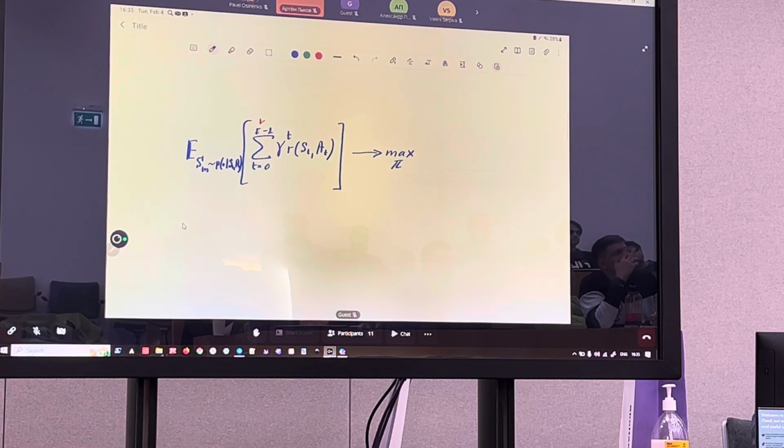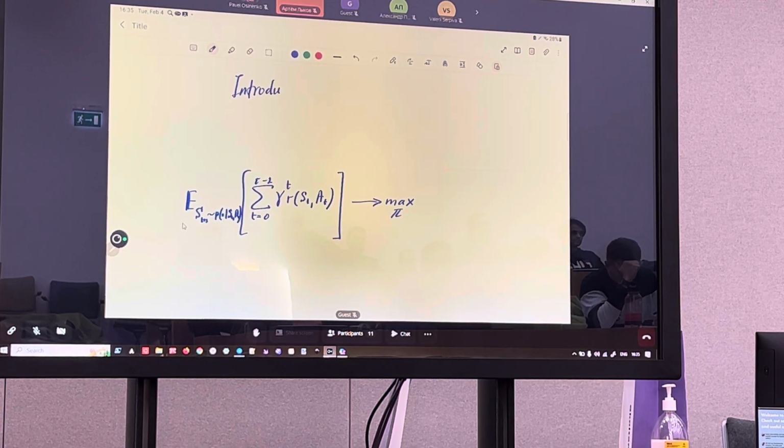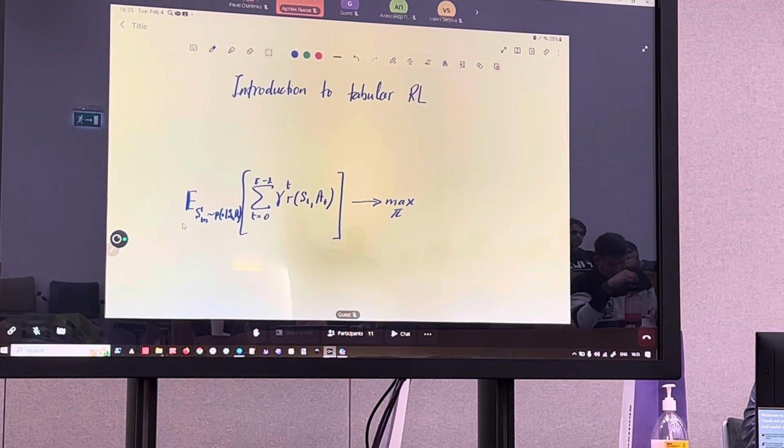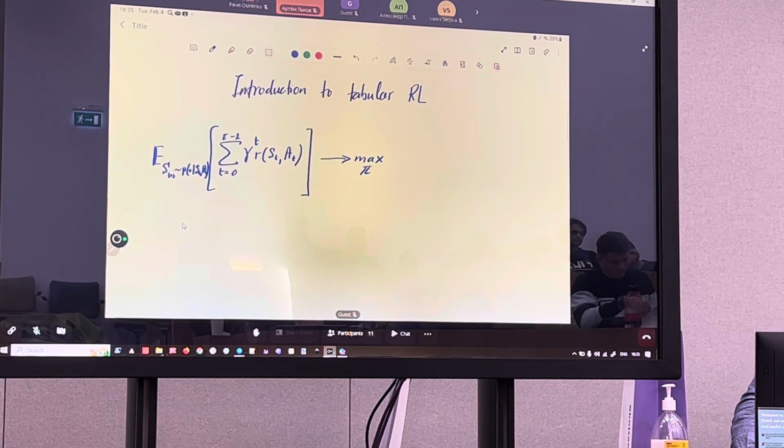Introduction to tabular reinforcement learning. So, here's the problem that we start with.